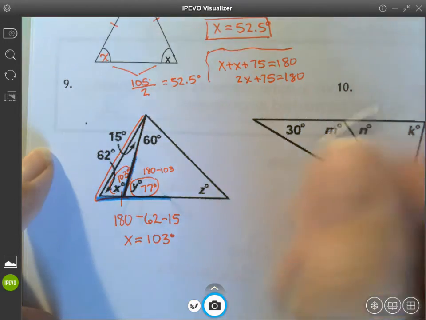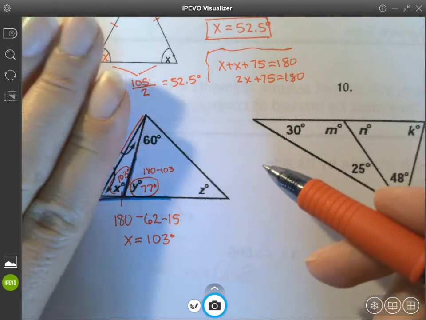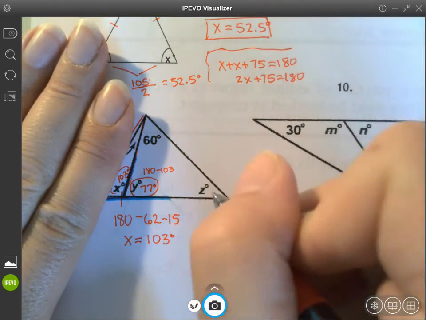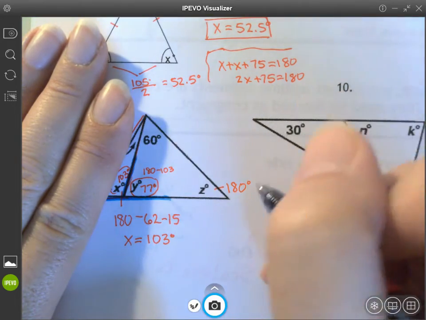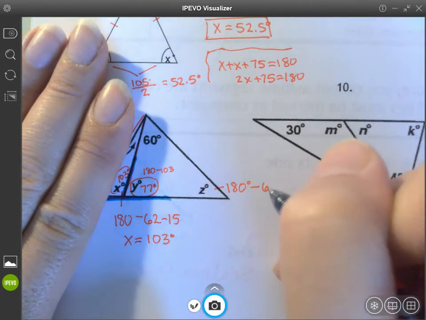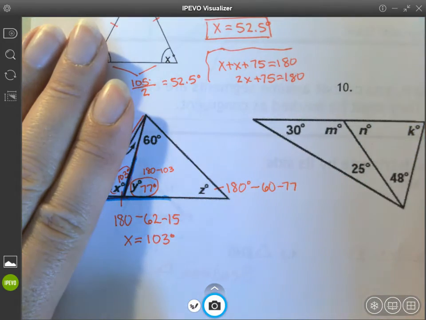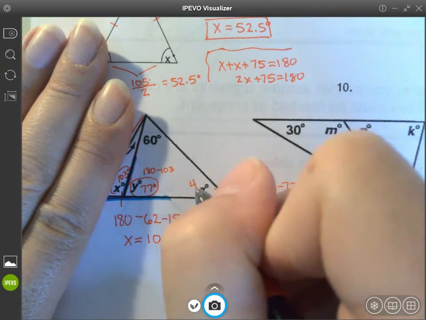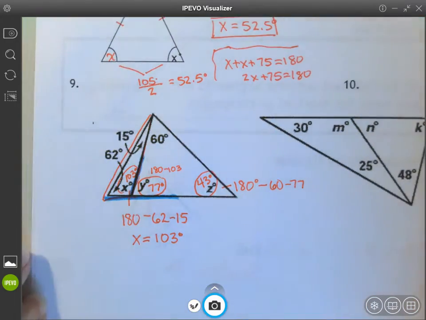Now I can focus on, you could use the big triangle, but I'm just going to use this guy. For Z, I'm going to take my 180 degrees in my triangle, take away 60, take away the 77 we found. And that gives me 43. It is 43 degrees. Big brains today, big brains.